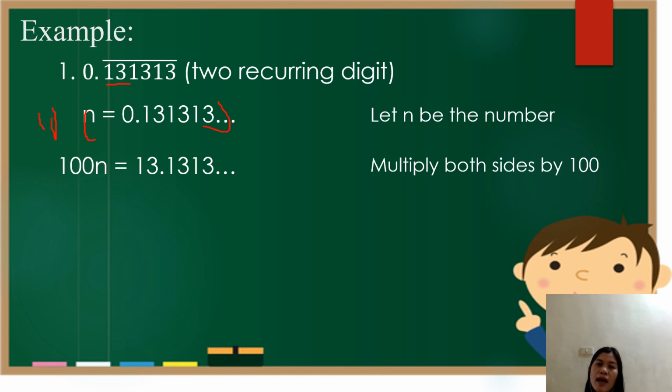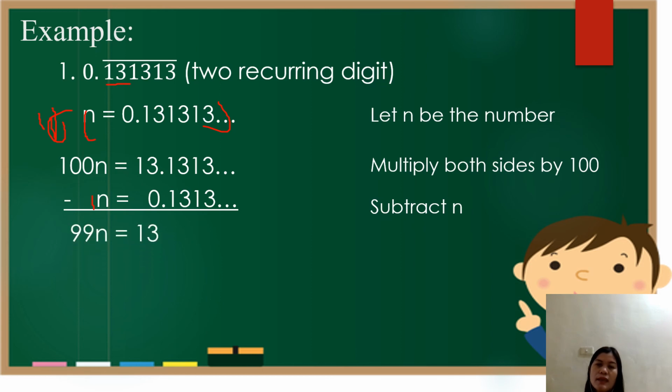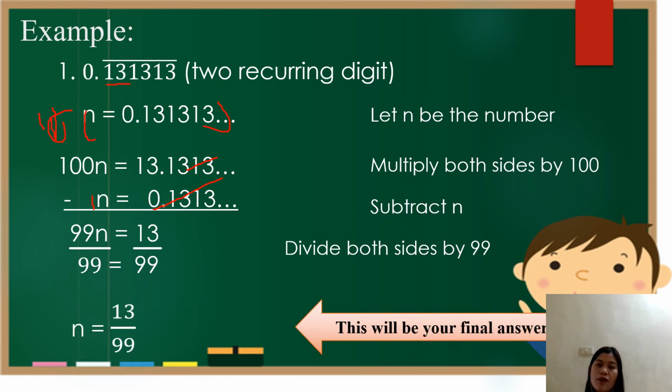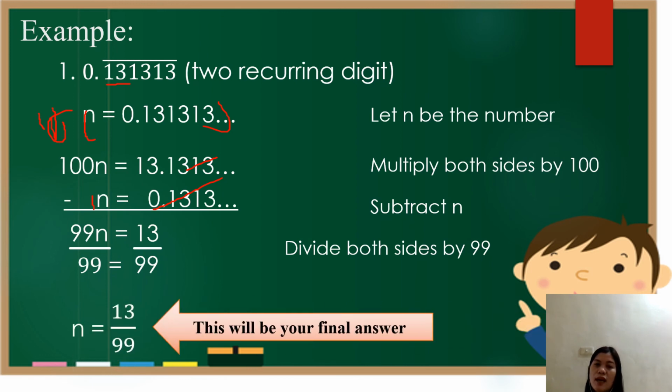Okay? 100n is equal to 13.1313. Then, subtract n. So, understood that there is 1 here. 100 minus 1, that is 99n. So, cancel this. Okay, so that is 13. So, divide both sides by 99. And then, our n now is 13 over 99. That is your final answer.